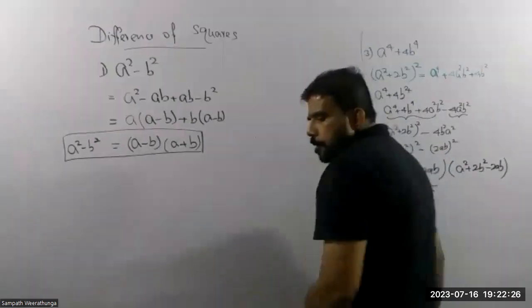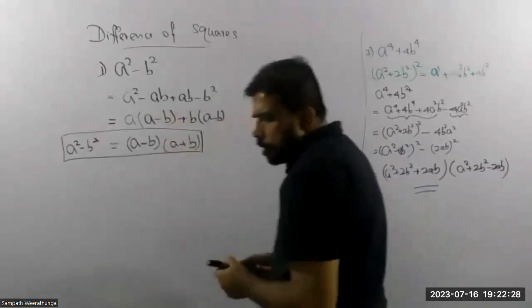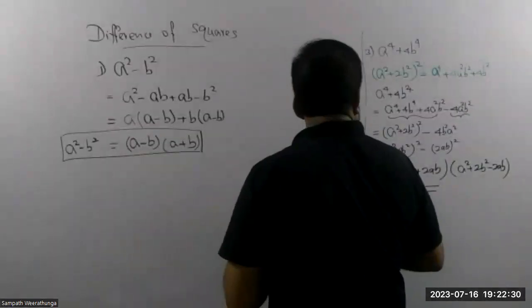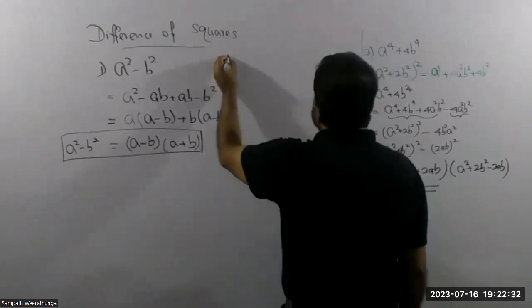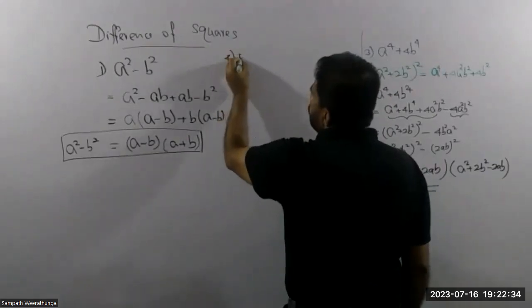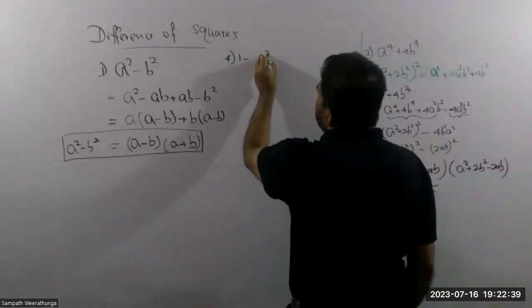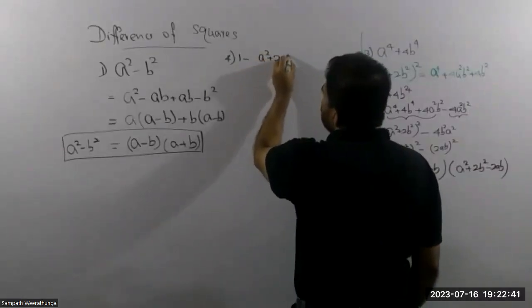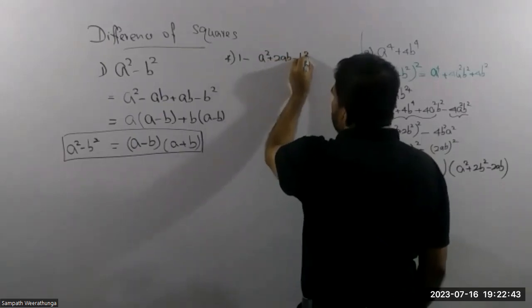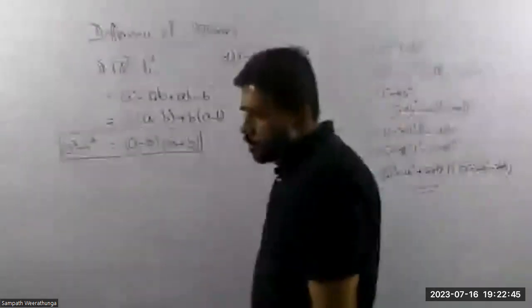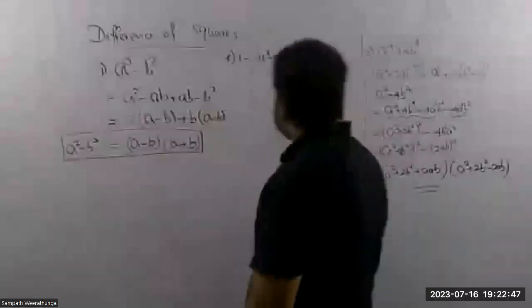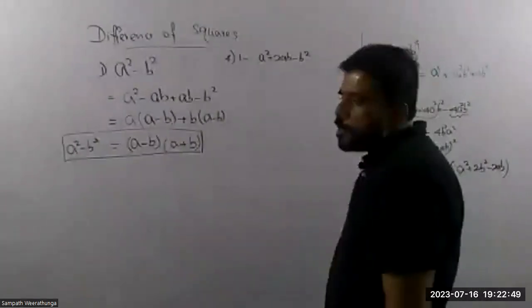Right. Then we think about this sort of problem: 1 minus a square plus 2ab minus b square. My problem is of this nature.